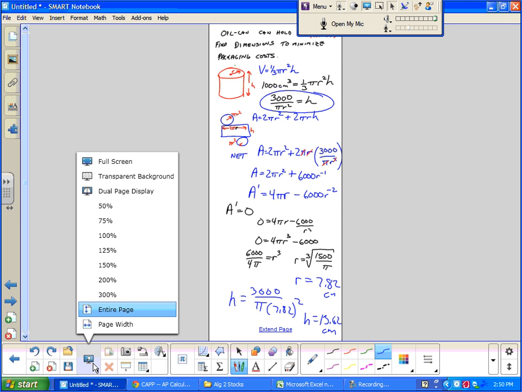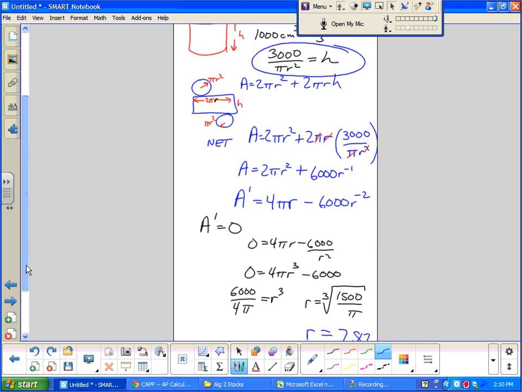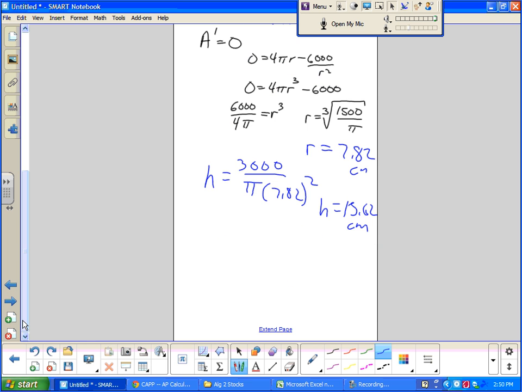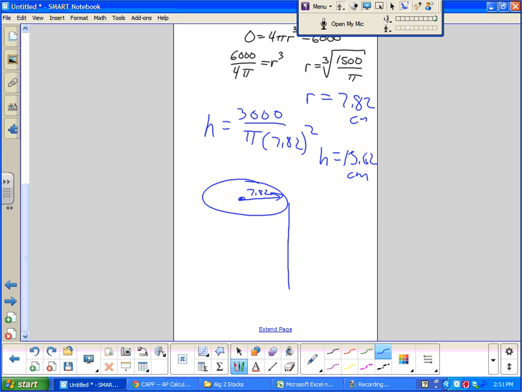Why is it not exact? Well, probably by rounding error, because if you think about it, I rounded, then I squared. So it is supposed to be exact. So 7.82, we're going to do that twice. If I draw this to scale, it looks just like this. And that is the optimum can.